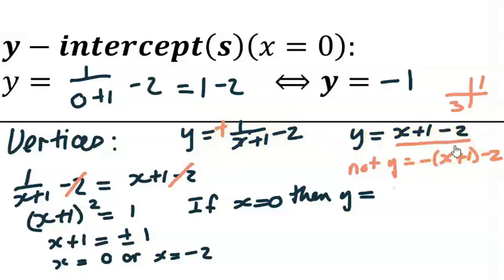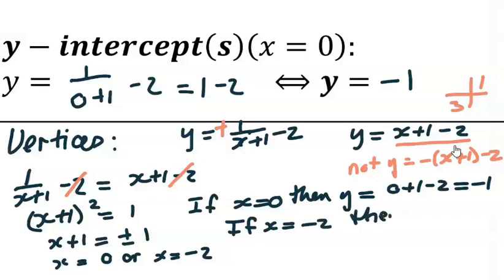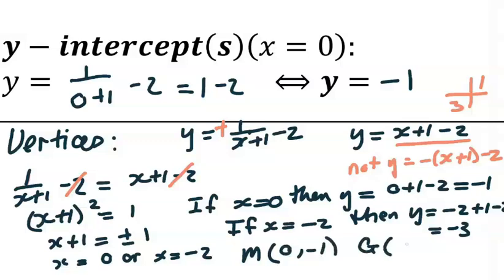So I will have 0 plus 1 minus 2, which is minus 1. And if x is equal to minus 2, then y is equal to minus 2 plus 1 minus 2, which is equal to minus 3. So I have two coordinates. One is M, which happens at 0, minus 1, and the other one is G, that happens at minus 2, minus 3. So let us look at all this information and check it on our graph.